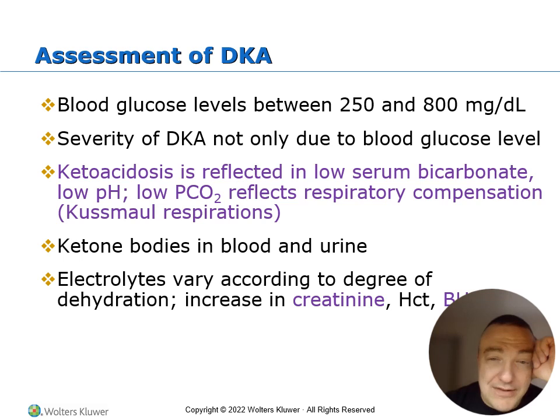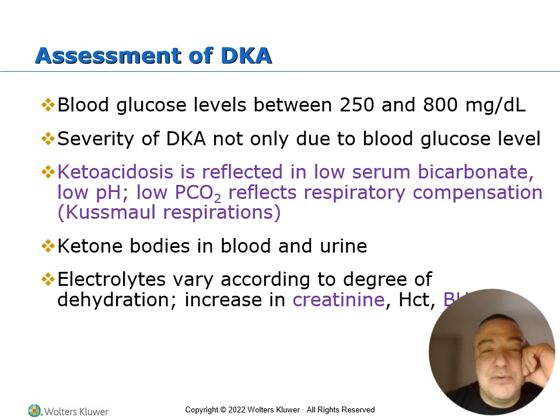Their sugars don't have to be super high. 250 is not extremely high. The defining piece on this is going to be the ketones in their urine. Okay. When they're prolonged, they're going to have some altered status. They might have that sweet wine breath, but the ketoacidosis is part of that, and you'll have deep, rapid respirations.